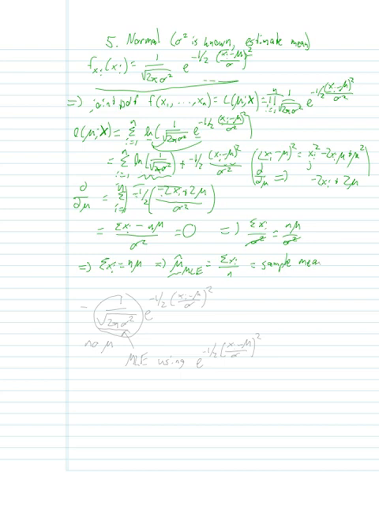And observation number 2 is that the PDF, which was 1 over square root 2 pi sigma squared e to negative 1/2 xi minus mu, this whole first part has no mu's, right?